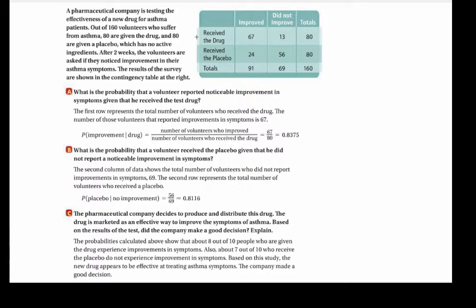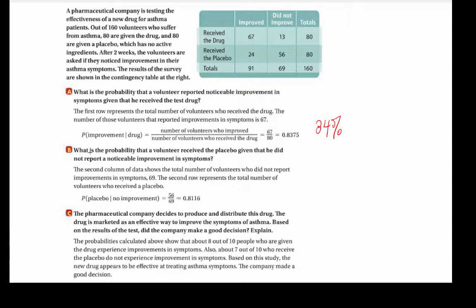And our probability, that's our favorable outcome. The total number of volunteers who received the drug was 80. So 67 out of 80 is the probability that we need to calculate. And when we calculate that, we get a value of 0.8375, and that's about 84%.